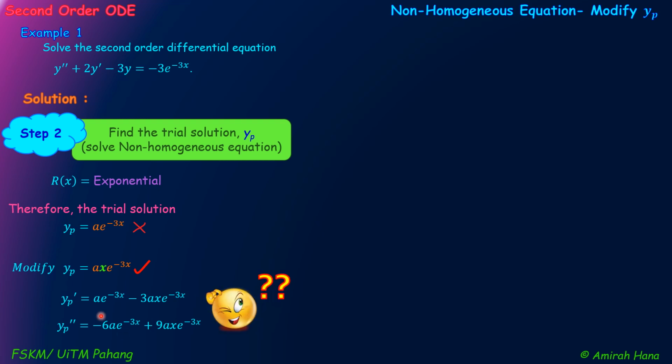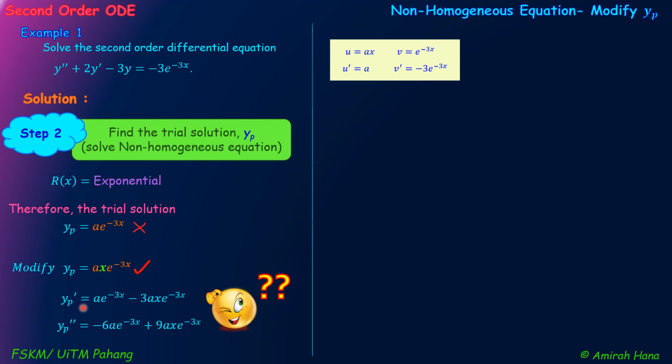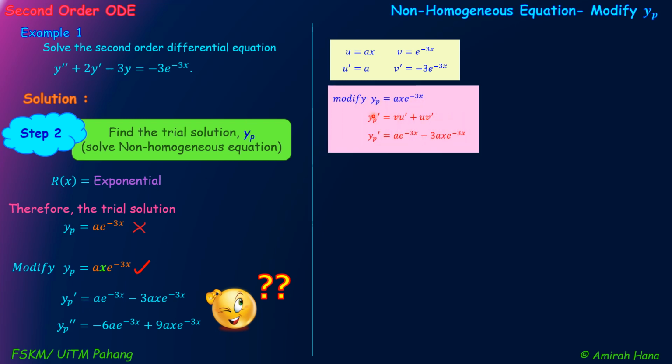Alright, how did we get yp prime and yp double prime like this? Okay, from modified yp equals axe to the power of negative 3x, we have multiplication between a variable and a function containing a variable. So we differentiate using product rule to find yp prime, right? I show you here. Okay, to find yp prime, we differentiate the modified yp.